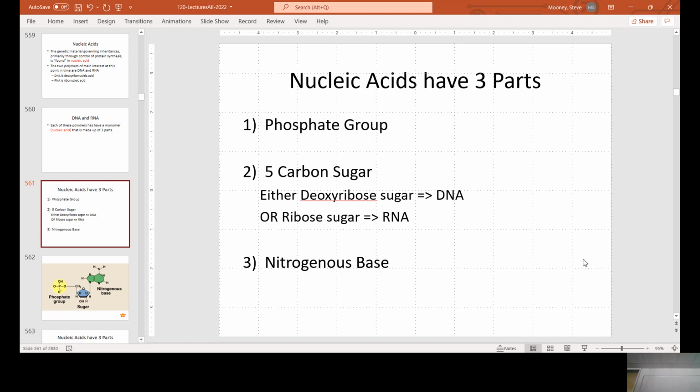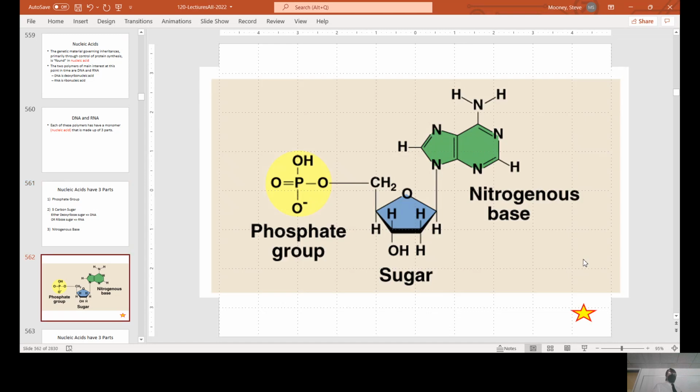And when we're thinking about DNA, we're looking at an L-shaped form. It's on that handout I gave you. We'll show you that picture. So we have the phosphate group in yellow, with the phosphorus in the middle there, surrounded by oxygens.